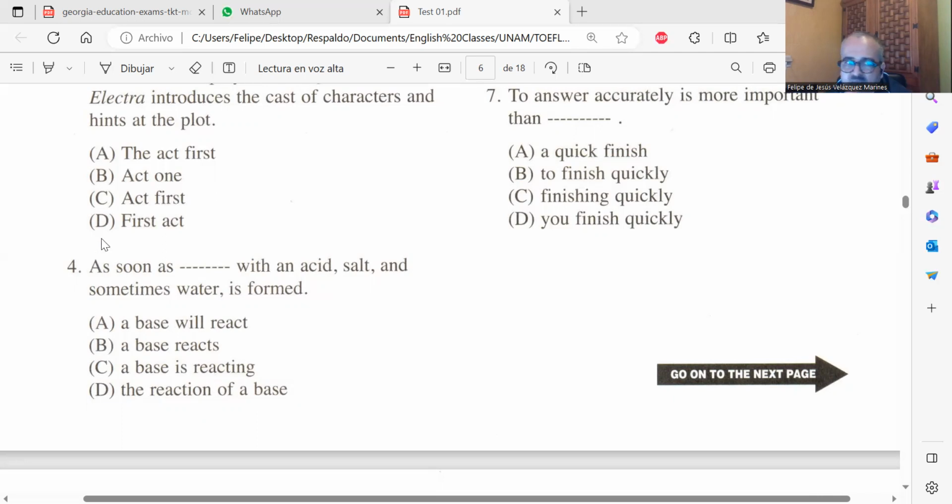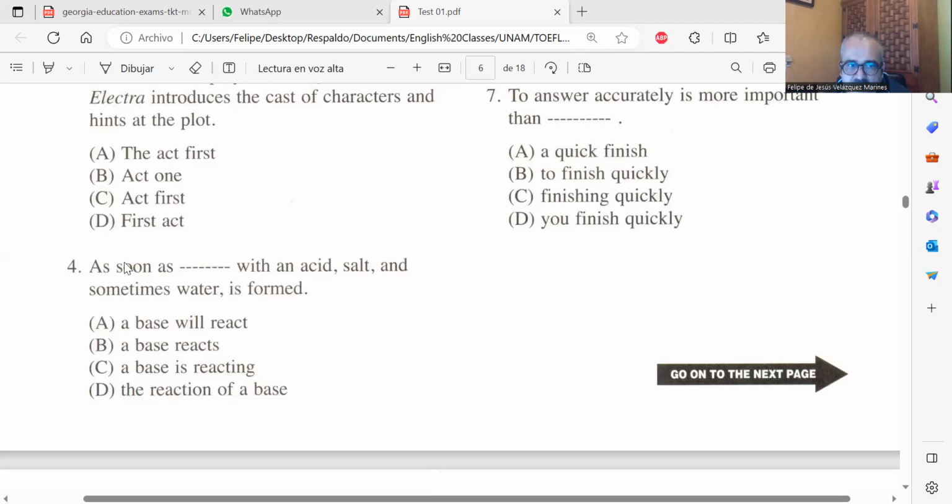Yes? Well, what topic does this information have to do with? Literature? No, right? Acid, salt, water, chemistry. Science. A fact. True facts are always spoken or referred to in present simple.